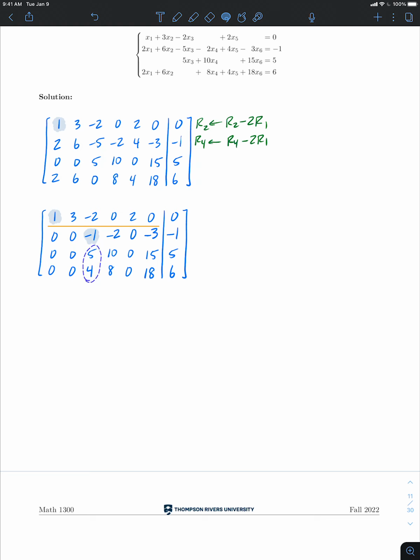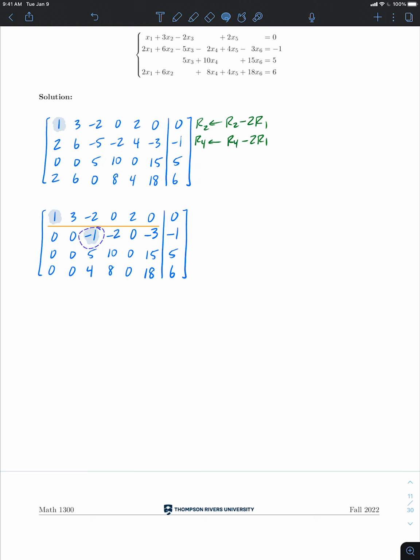So what you always want to do is add or subtract an appropriate multiple of your pivot row. Whatever entry is in that pivot position, that's the entry you're focused on. That's what's going to determine what multiple you add. So in this case, we're adding a multiple of row 2 to row 3, and a multiple of row 2 to row 4, and the multiples are going to be determined by whatever is necessary to turn that 5 and the 4 into 0.